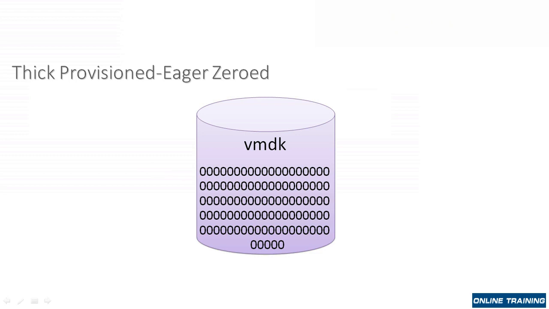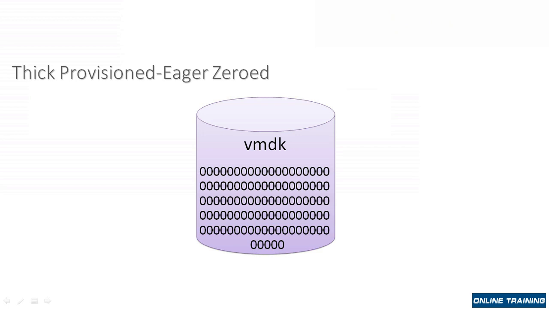So if we are working with a thin provisioned disk, none of those blocks are zeroed when the disk is created. So every time we need to write to a new block of a thin provisioned disk, there's going to be a little bit of a delay there as that block is zeroed out.